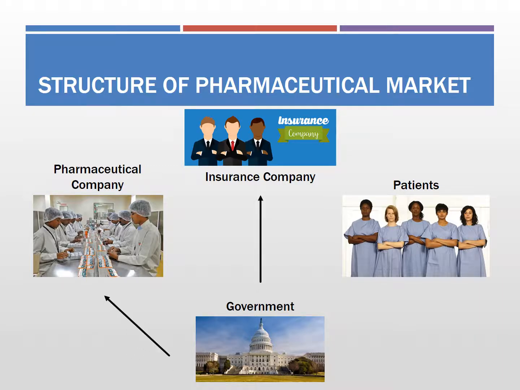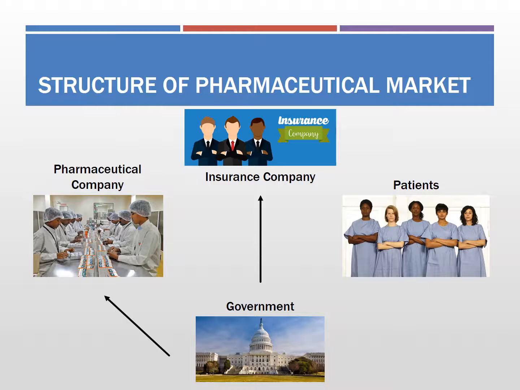So instead of the government regulating only the producers, or maybe sometimes the buyers in the markets, in the case of healthcare services the government has to regulate both the insurance company and the product supplier, which is the pharmaceutical company in this chapter.